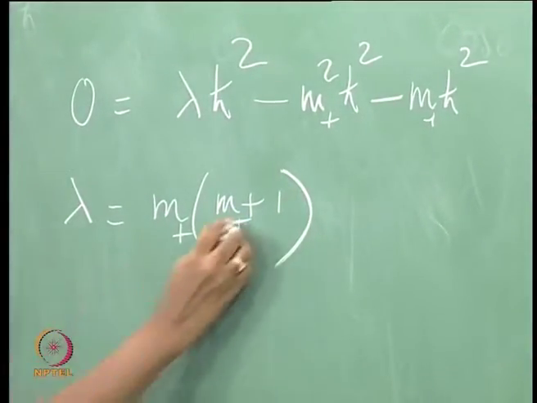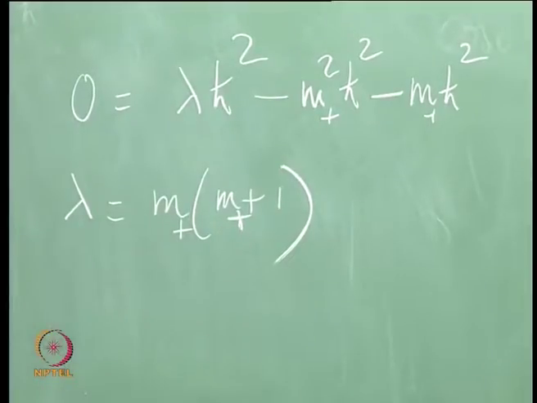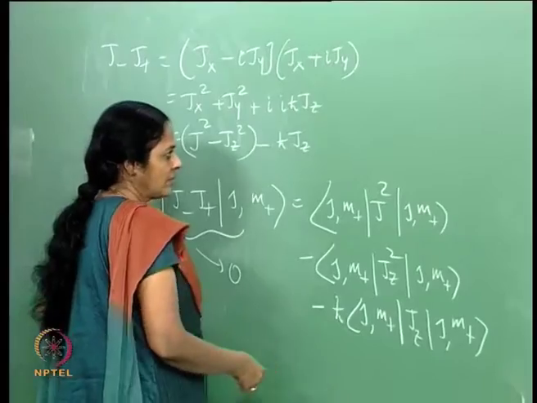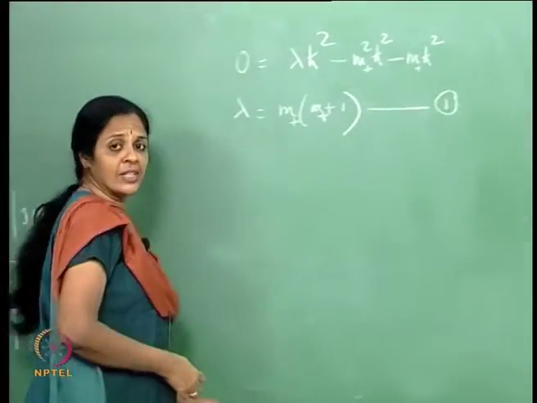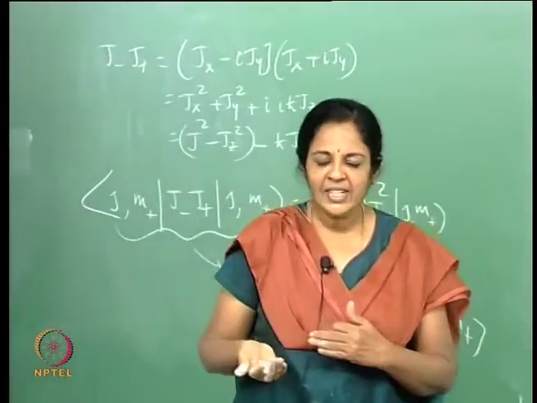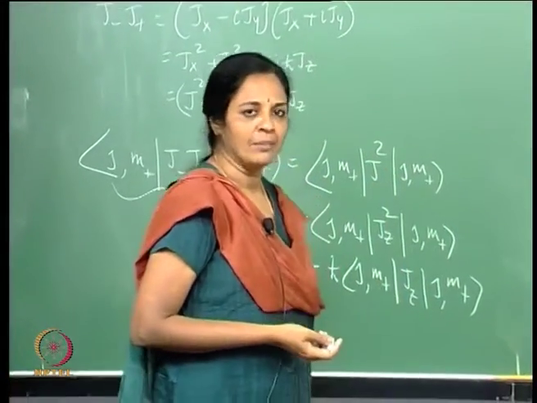It is m plus times m plus plus 1. So, this is the first relation I get, which relates lambda to the upper bound on m, which I have denoted by m plus.